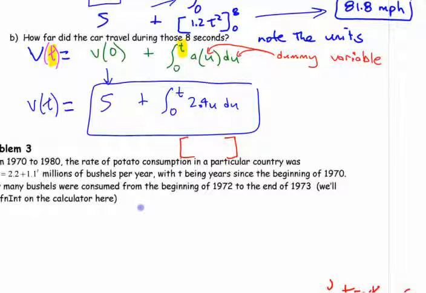What would it be if we evaluated this thing from 0 to t? You'd get 5 plus, what is this? To evaluate this integral, you use 1.2, don't you? The antiderivative of this, times u squared, evaluated from 0 to t.